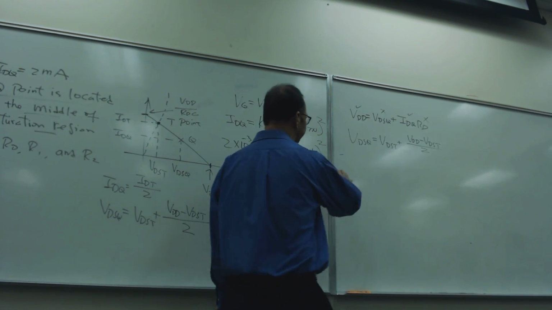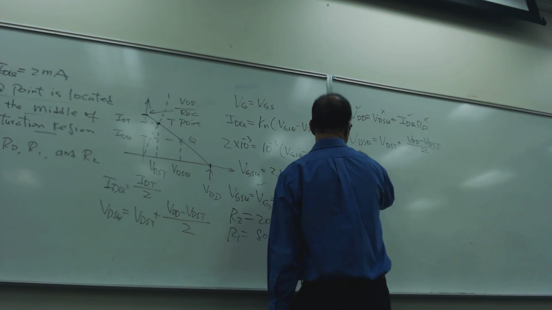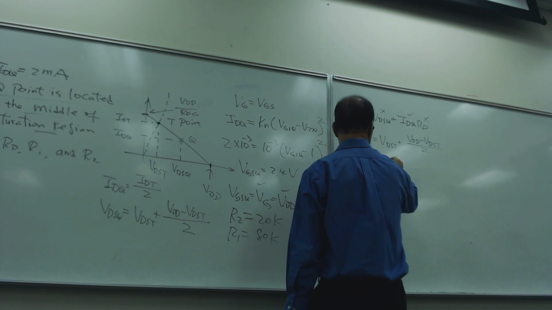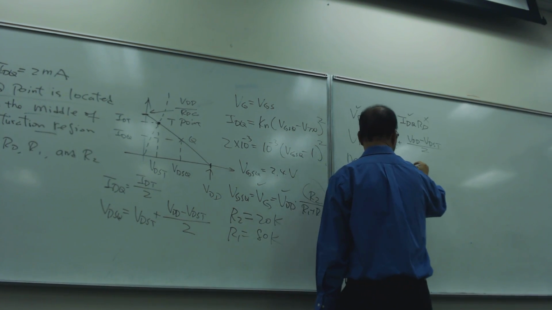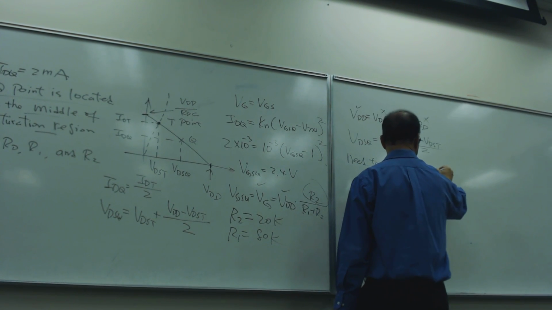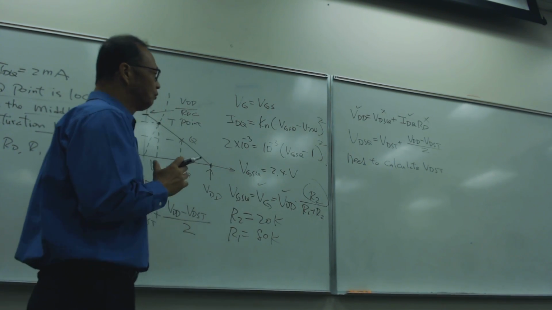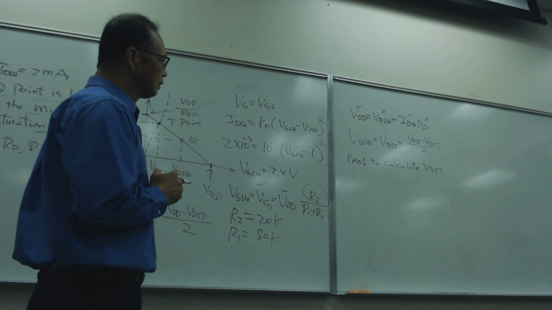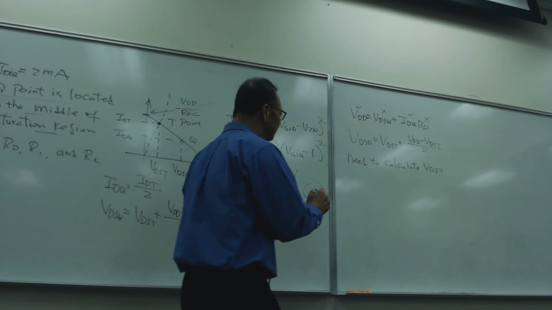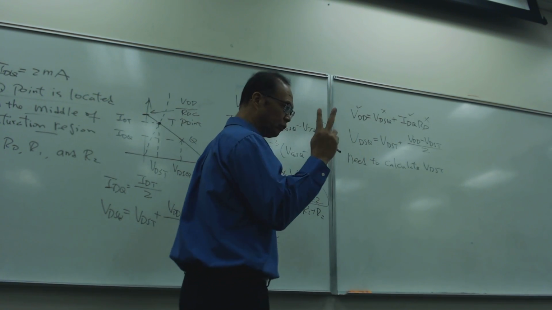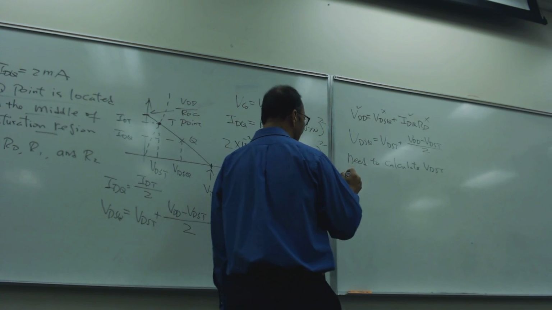So therefore, I need to calculate VDST. Okay, so now we're going to go to the formulas for calculating the T point. Remember, there are three equations. The first equation is what?